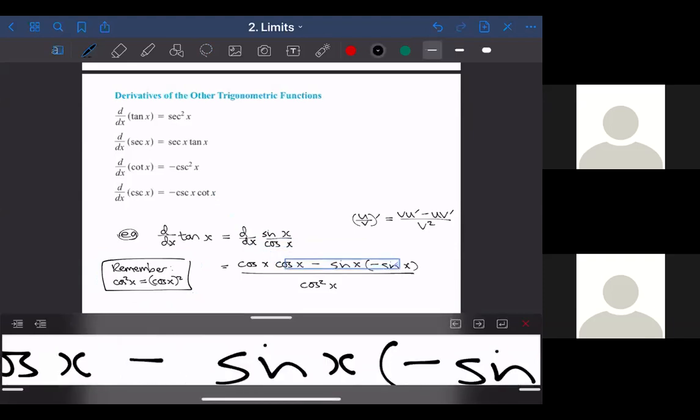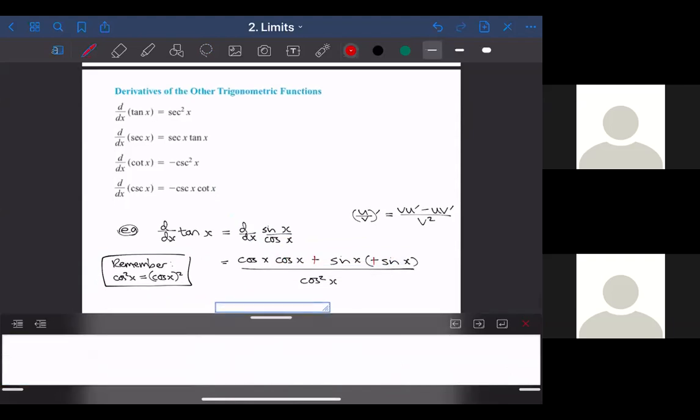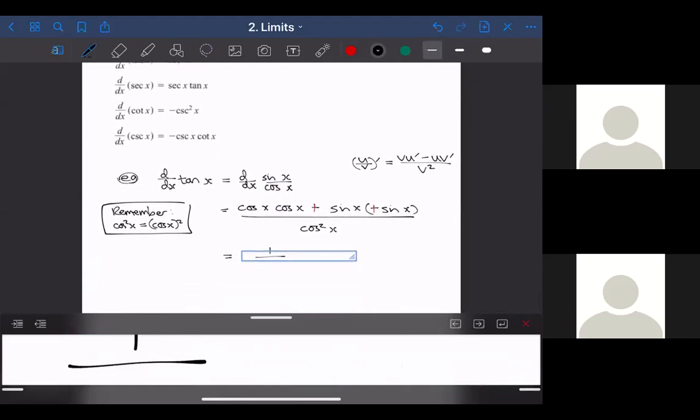Okay, and now this simplifies a lot because those two minuses cancel out. And so I get cos squared x plus sine squared x. And that's 1, because of one of the identities we proved.